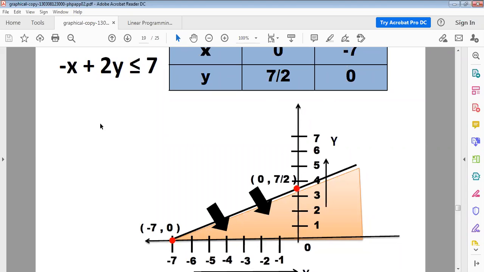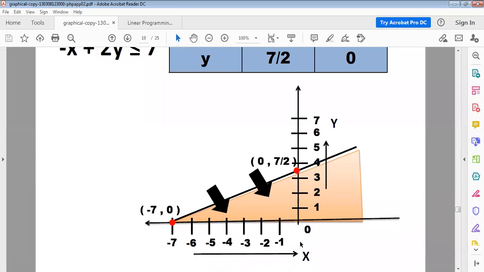Now this is the less than or equal to. Less than or equal to means directed towards the origin. Understand everybody? This is the shaded region because of less than. If less than or equal to, then the shaded region will be on the origin side.